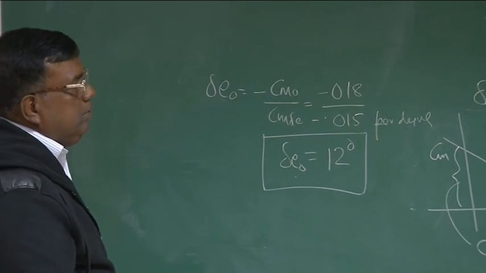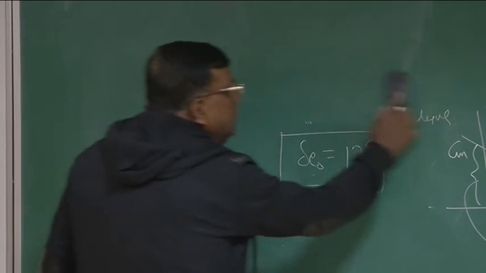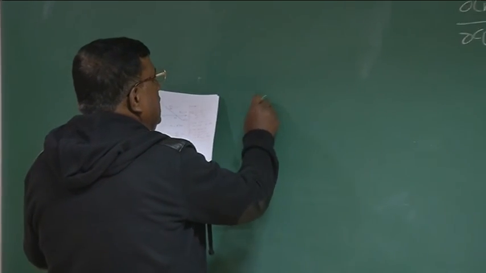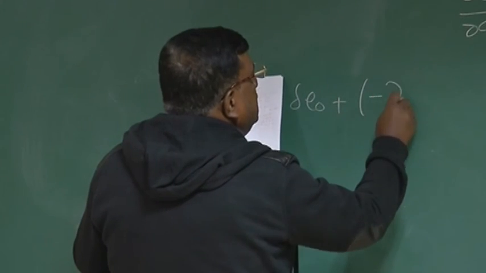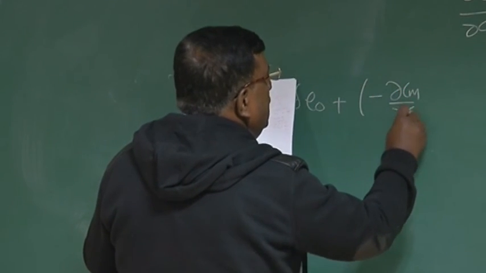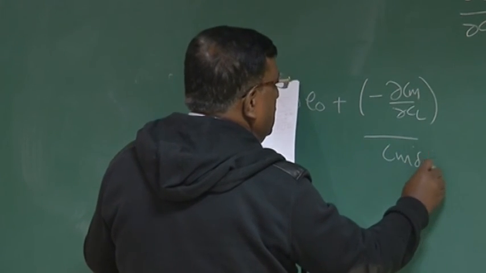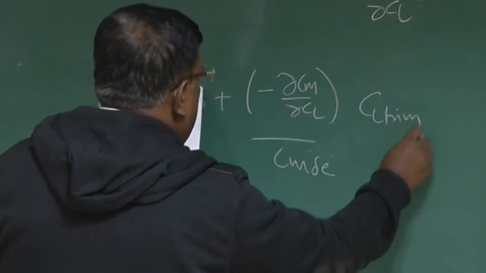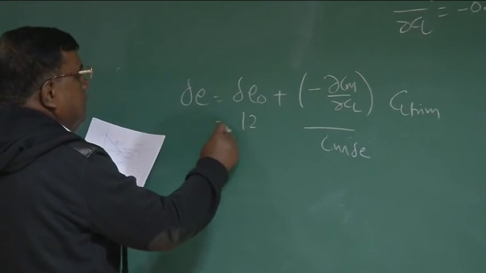Now what is the problem? Everything we know now. So what I have to do is simply use this relationship and find out what CL trim is required. So delta E equal to delta E naught plus minus dCM/dCL by CM delta E into CL trim. Delta E naught is 12, and delta E is 0.